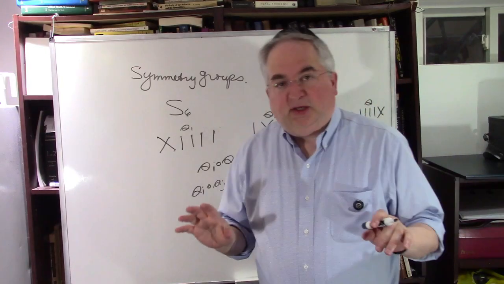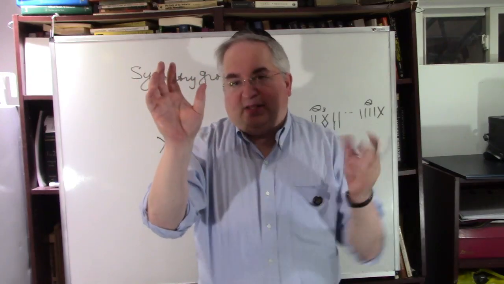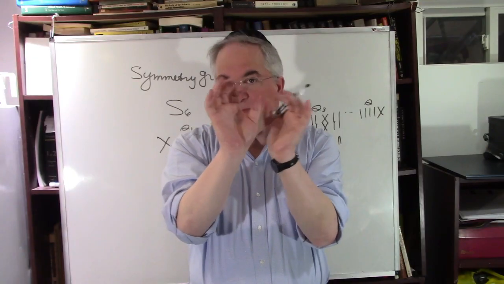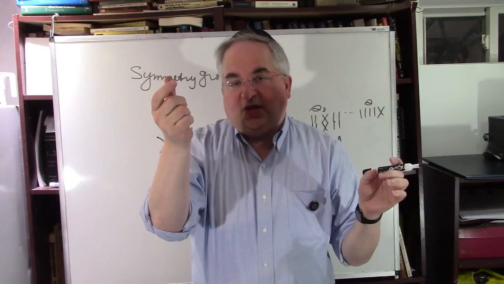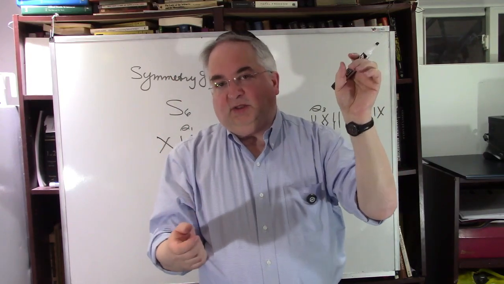Let me just say what that means. If I swap these two guys and then swap these two guys, and they're far enough away from each other that there's no overlapping elements, that's the same thing as first swapping these two guys and then swapping these two guys.